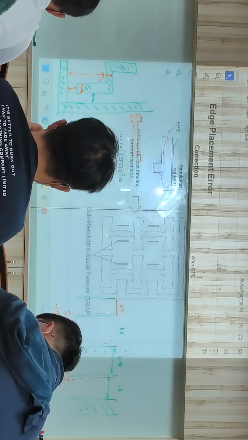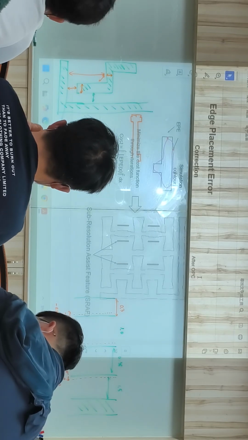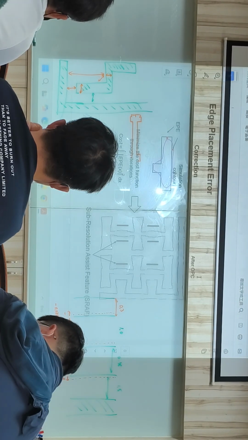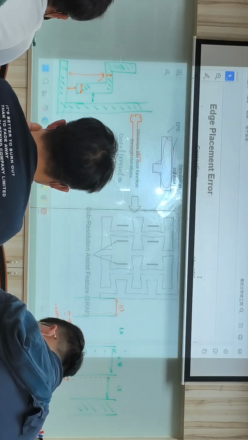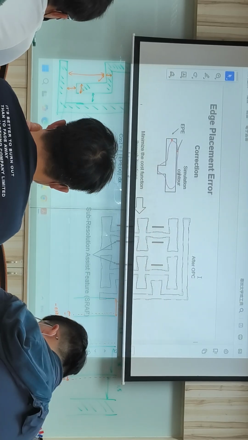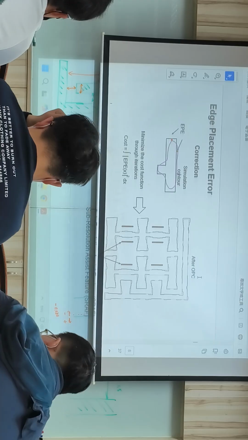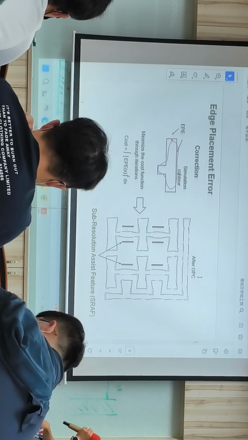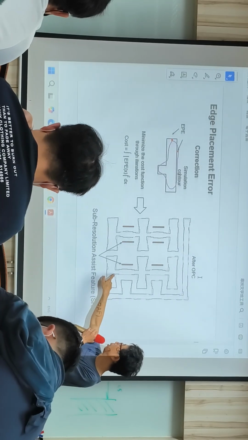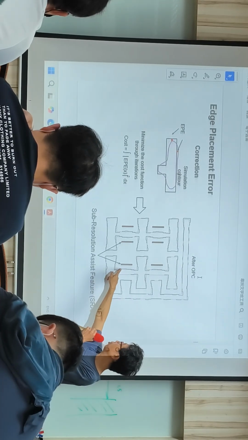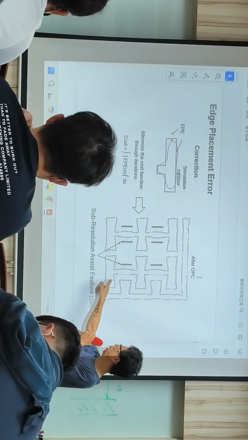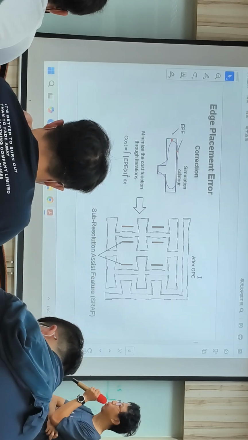So the red line here is basically the initial design, but they would change all the segments, move up and down, and then give you the final mask after OPC.